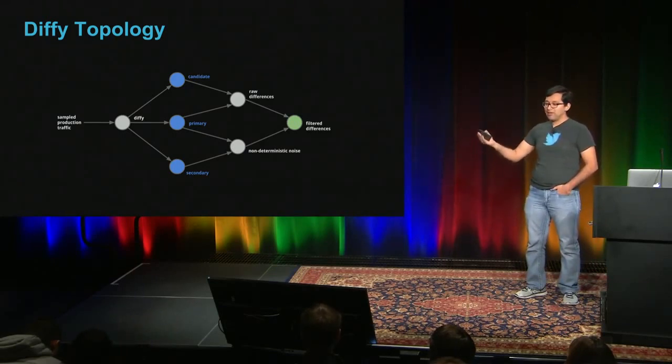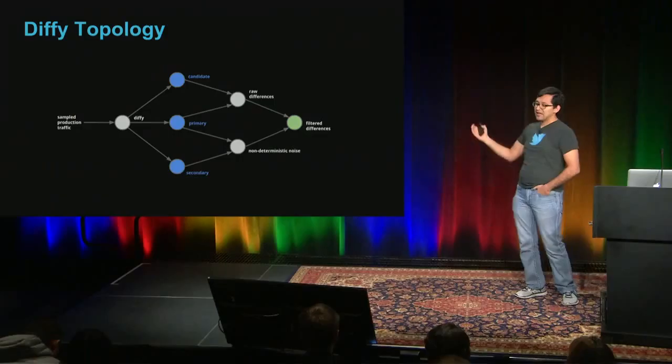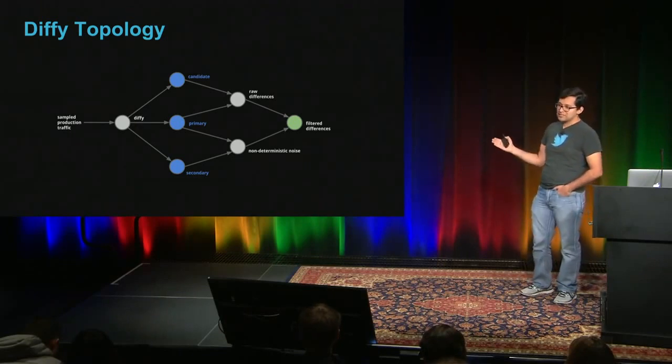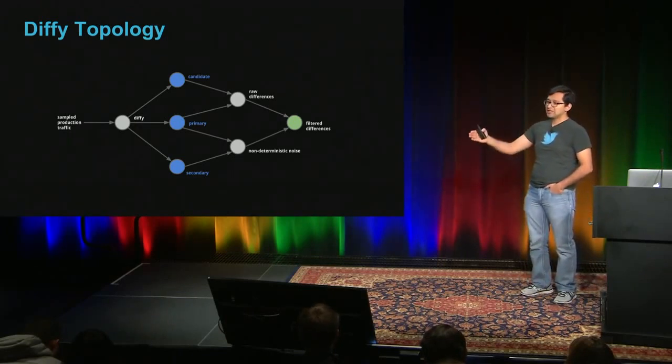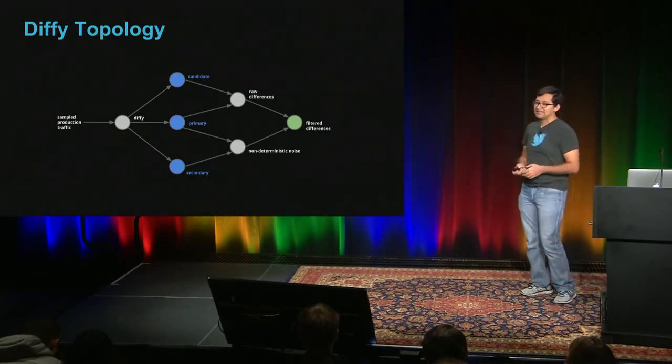And then by comparing the old code to itself, which is the comparison that's happening here between primary and secondary, we isolate all the fields that are inherently noisy. So anything that shows up as noise here between primary and secondary gets subtracted out from the raw differences, and you get a final filtered set of differences that allows you to focus in on things that you should be looking at, as opposed to trying to find a needle in a haystack.